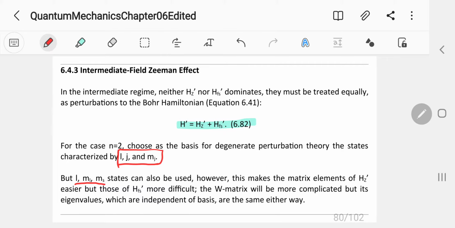But its eigenvalues are the same, whether you use this or this one. So we can use this, or we can also use that. If we use this, it will be more difficult to work with. This is easy. And if we use this one here, this would be easy.